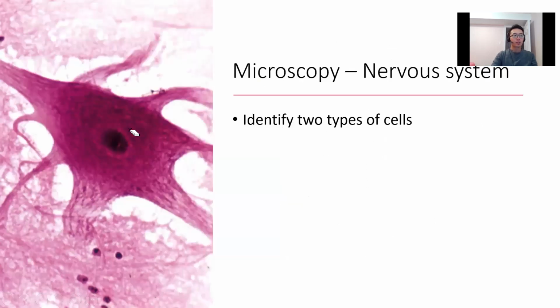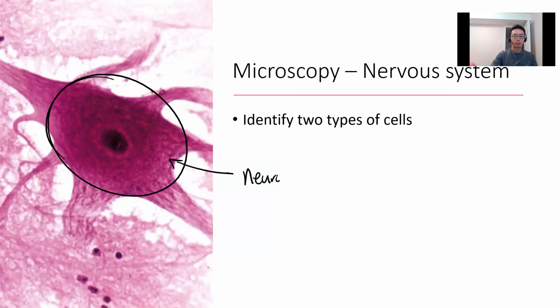Identify two types of cells. This was hard to tell, I guess, but this big thing here, that is your neuron. So you have your dendrites kind of coming out, and it's hard to tell which one is the axon. If I have to guess, maybe this one.